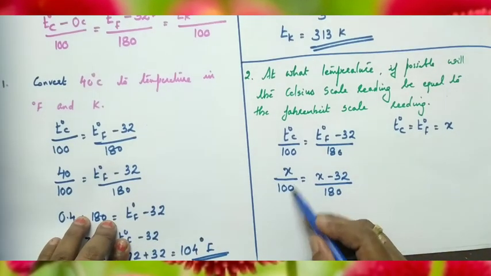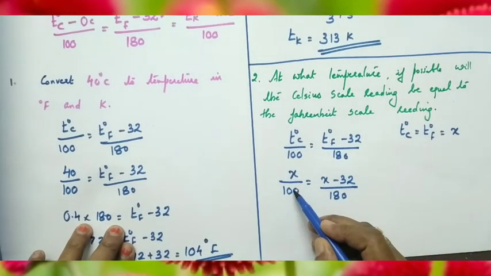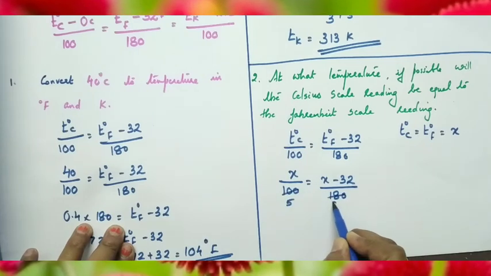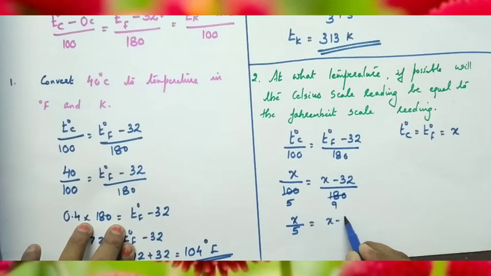Now 0 and 0 get cancelled, and here 10 and 18 get cancelled. Here it becomes 5, here it becomes 9. So, X by 5 equal to X minus 32 divided by 9.